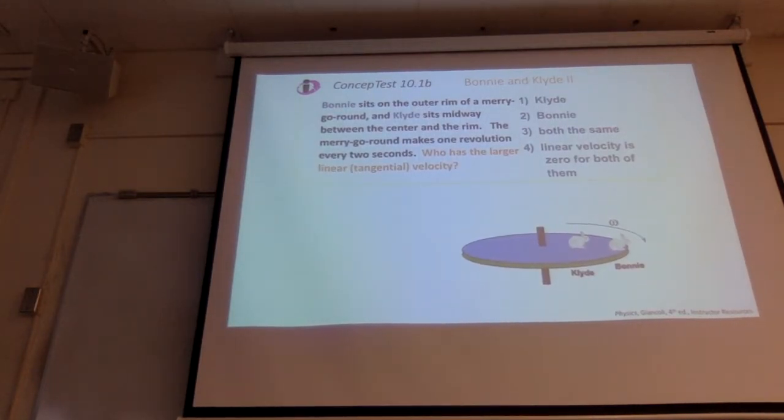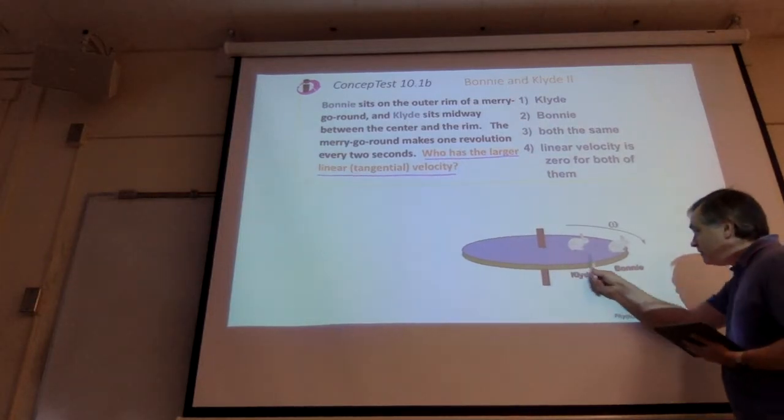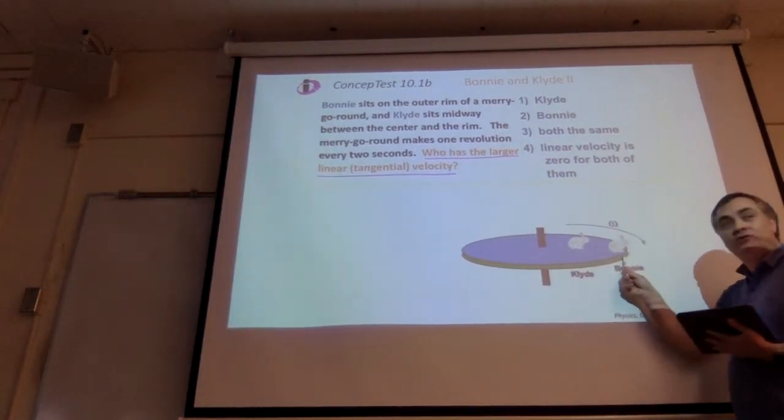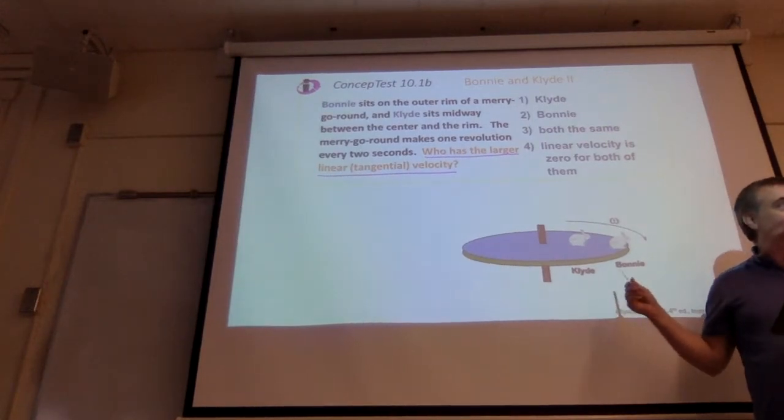If we were to look at their tangential linear velocity, is one of them moving faster? Which one has farther to go? The one with more radius. Yeah, the one with more radius, which is Bonnie, right? Bonnie has a bigger circle to travel than Clyde. So if they're going to get back to this same line, Bonnie has to travel faster to get around the circle in time.